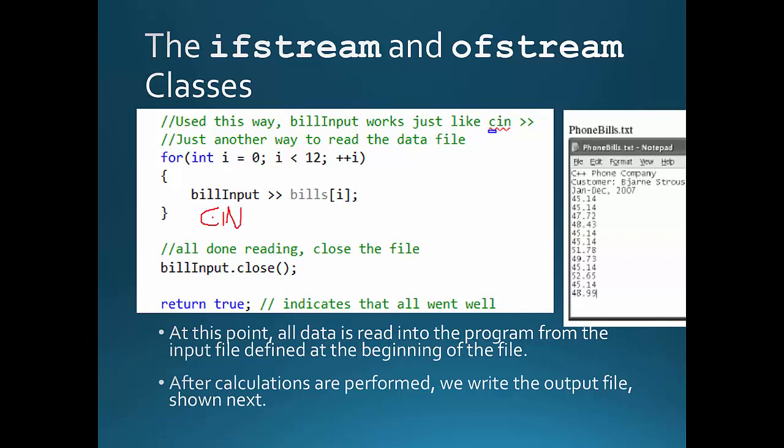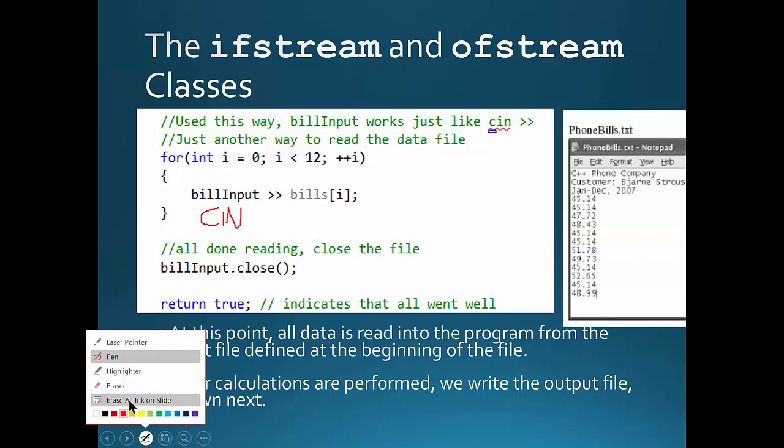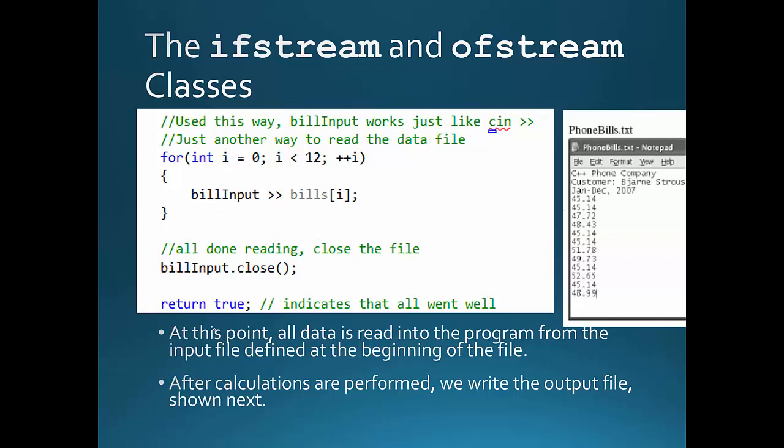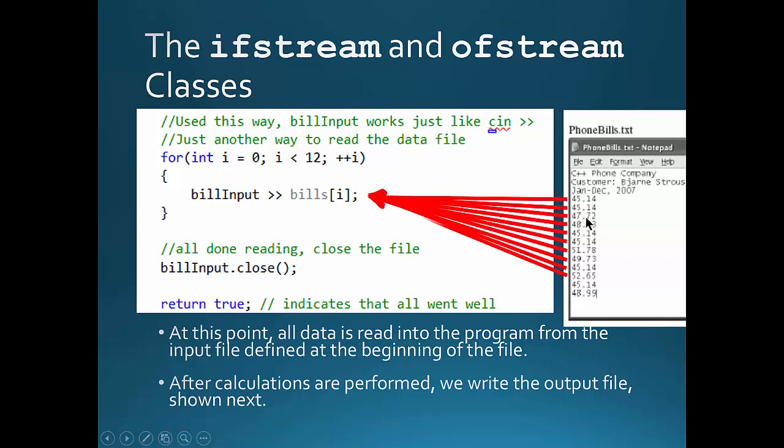Well, rather than cin, which would read it from the keyboard, if we put in our file object or ifstream object, then it will read it from the file rather than cin. And so what this will do is read each one of these numbers into this array one by one, just using something very similar to cin.